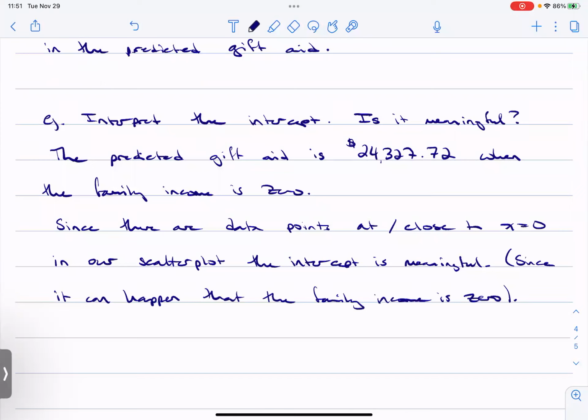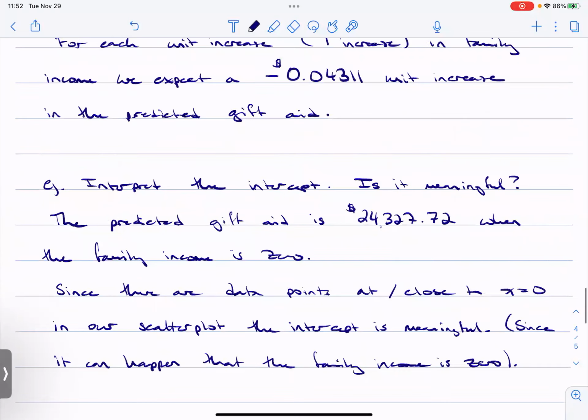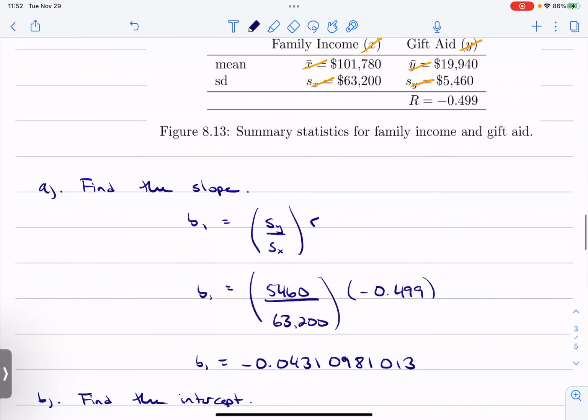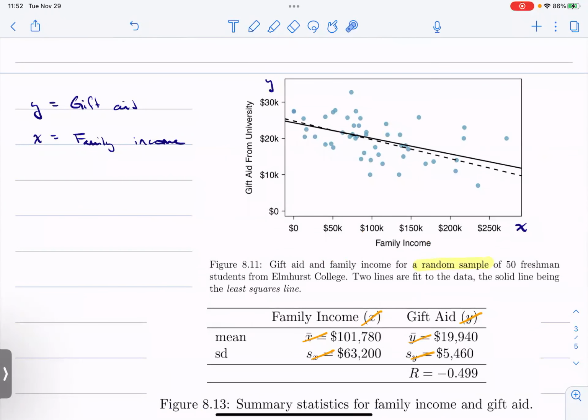Okay. Before we can do these follow-up parts that are in my head, we need to introduce a couple more things. So when we're talking about, okay, is the intercept within the range of our data? If it was not, right? So if the scatter plot looked like this, that this was at 50,000 and then 100,000.